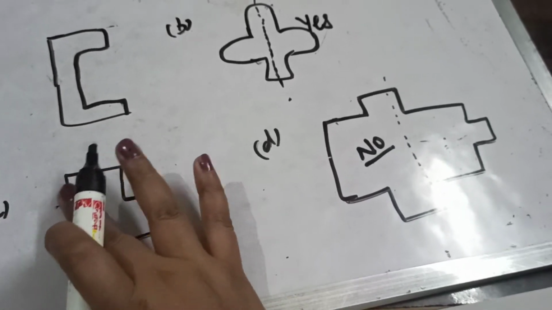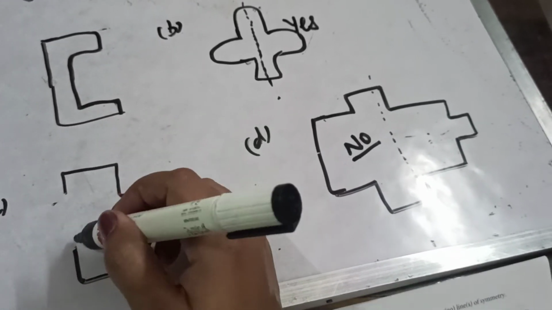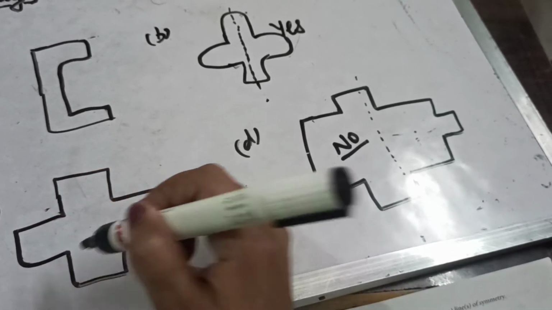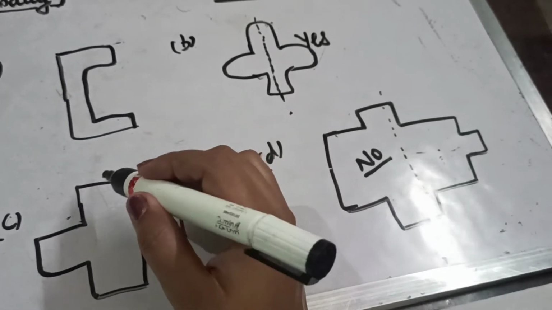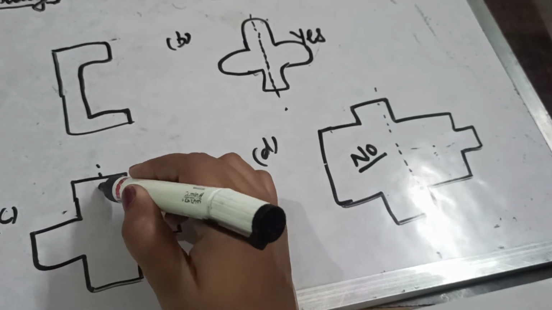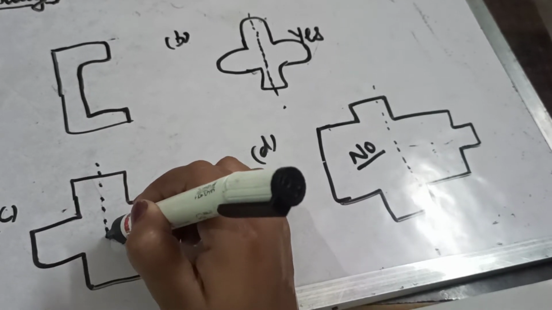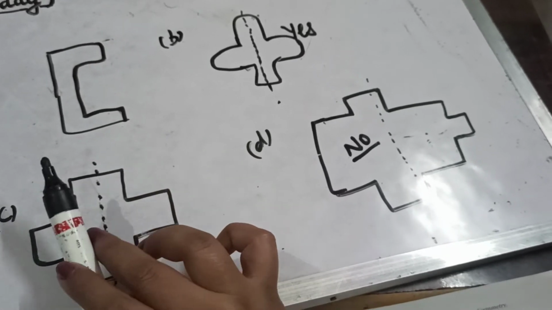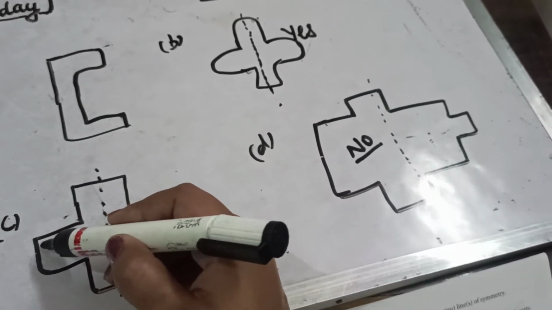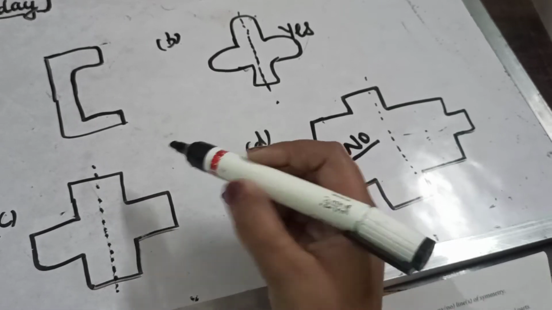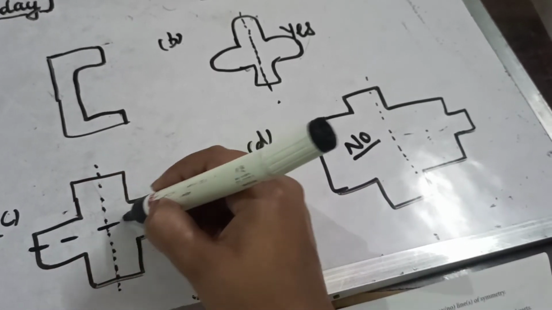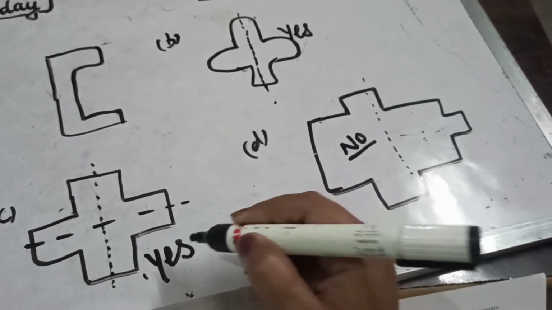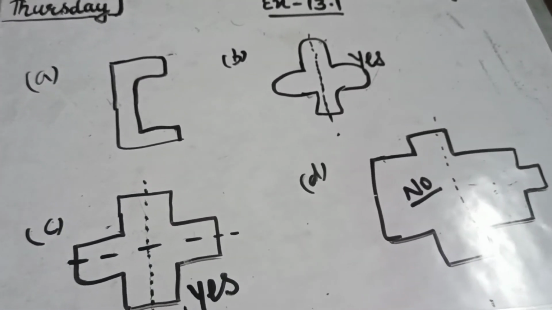This one also comes here. Right? So if I draw the line of symmetry like this, then it also divides into the same parts, half this side, half this side. And if I draw the line of symmetry, then also it is the same. Right? So yes, C part has the line of symmetry.